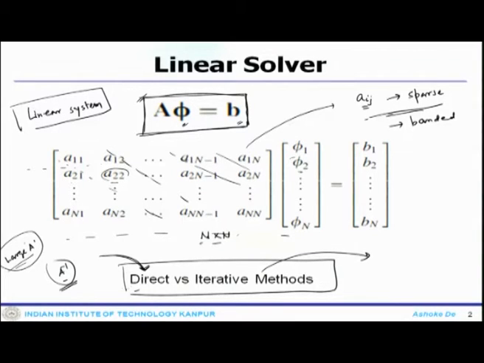So, for a large system getting a direct method is absolutely impractical, and that is why people have gone back to some sort of an iterative process. That means you consider this linear system, and then you solve iteratively through some sort of a minimization of the error.